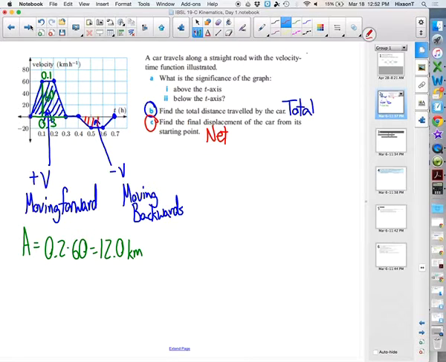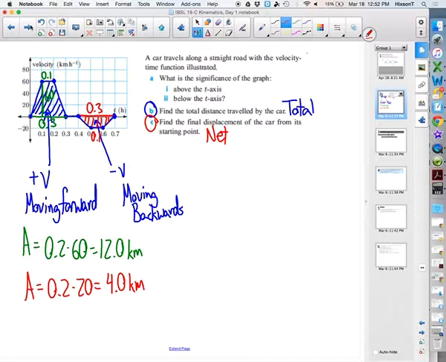Here though, again we've got point 1, and here we have from point 4 to point 7, we've got a base of point 3. Alright, so there our area is 0.2 times the height there is only 20. Okay? So here we have 4 kilometers in the negative direction.